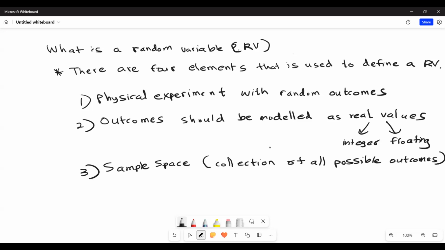So we need to know all the possible outcomes from the experiment that we conduct, and then we need to know the probability associated with each outcome.